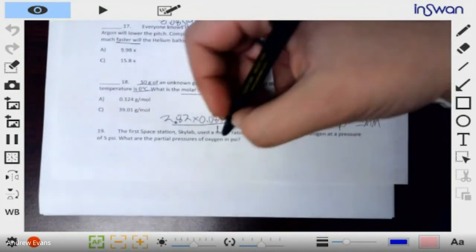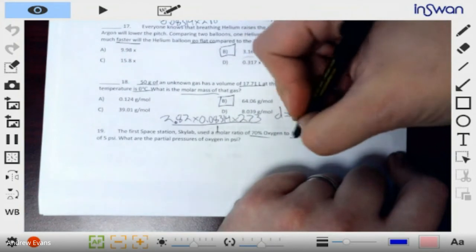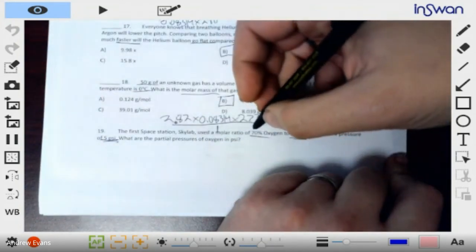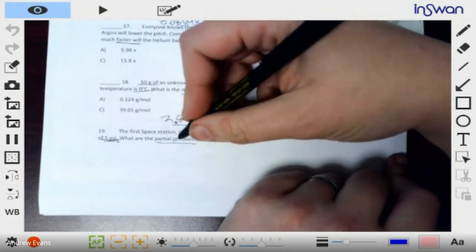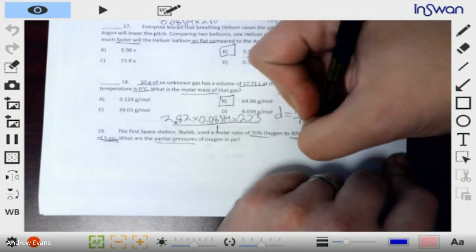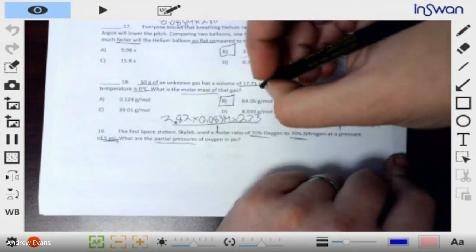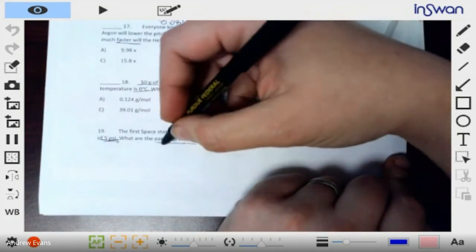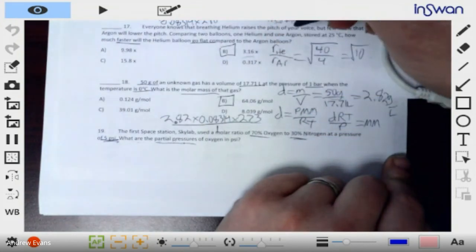Now, Space Station Skylab used a molar ratio of 70% oxygen to 30% nitrogen at a total pressure of 5 psi. What is the partial pressure of oxygen? So partial pressures and the fact there's mixtures of gas all tell us this needs to be a Dalton's law problem. No other gas problem talked about more than one gas except for maybe the fusion one.